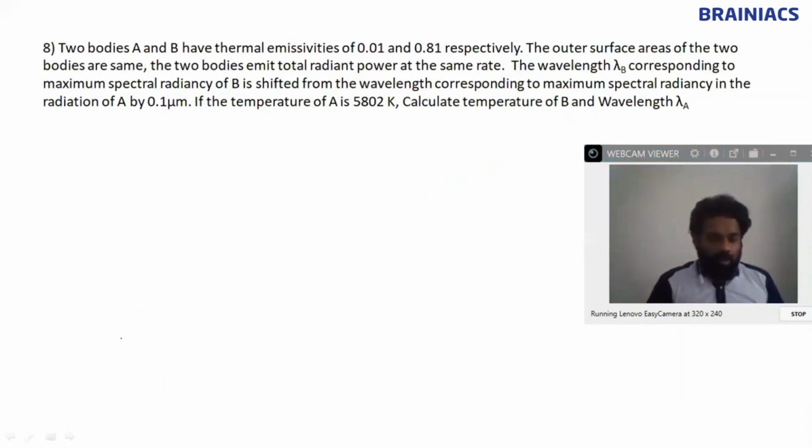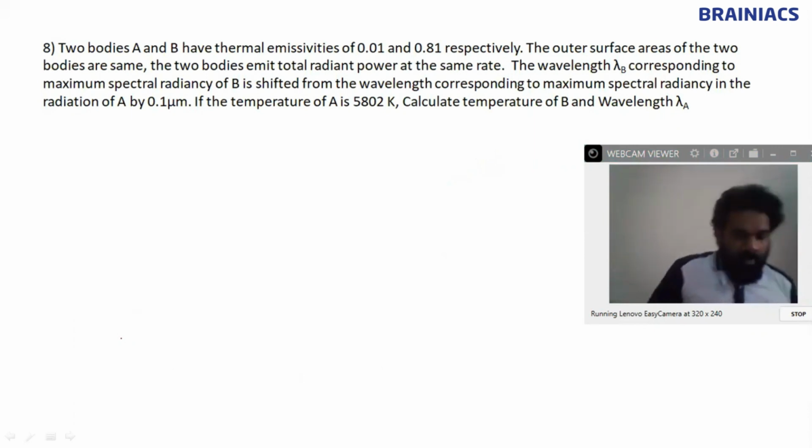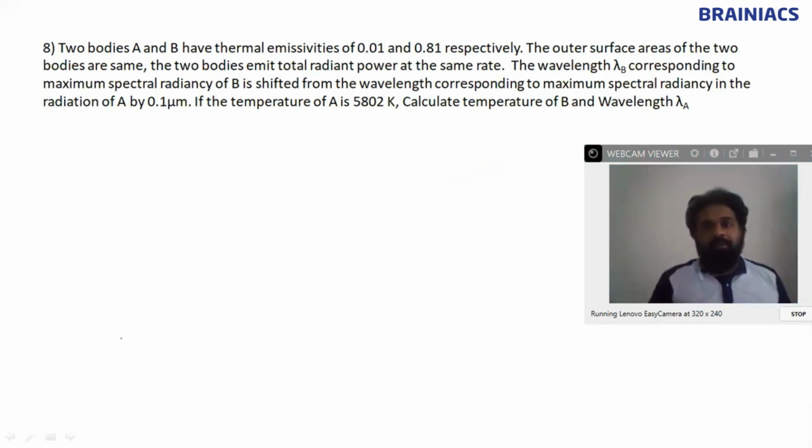Okay, another question. Two bodies A and B have thermal emissivities of 0.01 and 0.81 respectively. The outer surface areas of the two bodies are the same. Two bodies emit total radiant power at the same rate. Okay, fine. Radiant power, that is also same. That is Q by T, all are same.